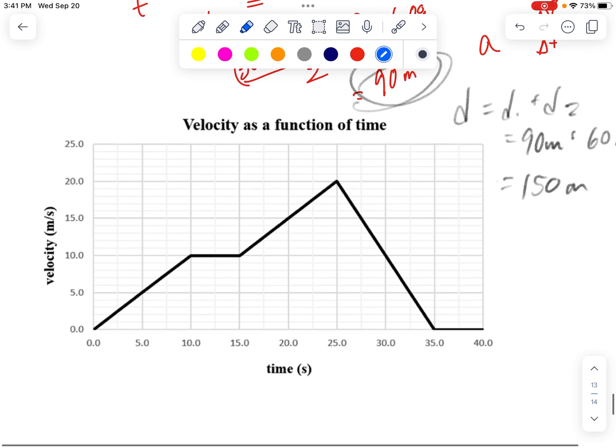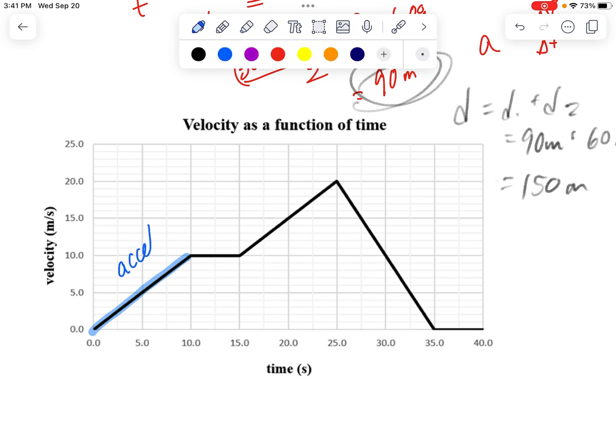Whereas if we have a velocity time graph, here this is accelerating in the positive direction. Then in this next segment here, what this is doing is constant speed. You can see it's going to continue going at 10 meters per second. Here, it accelerates again.